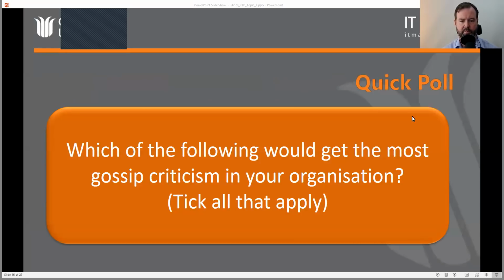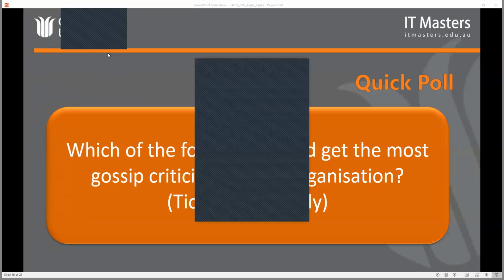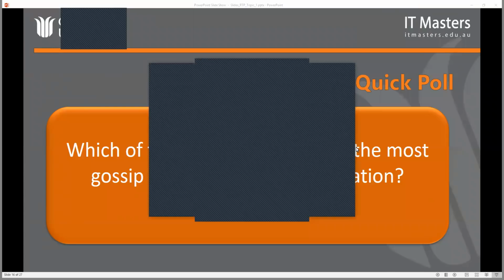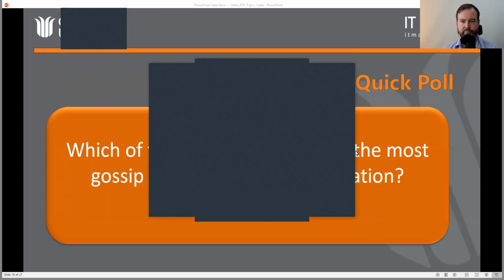Now let's have a quick poll. Put it up for me, Guy, if you could. Yep, I'll put that up now. And also, while we're here, I was wondering if we could experiment, because a lot of people are still having issues with the black box. If you can try and share your screen differently, and see whether that will have an effect. How do I do it? Share the screen differently? Share screen icon at the bottom of your Zoom box. Yep, and that again has come up as a black box. How are you sharing your screen? I'm sharing the window. Okay, can you try your whole desktop?